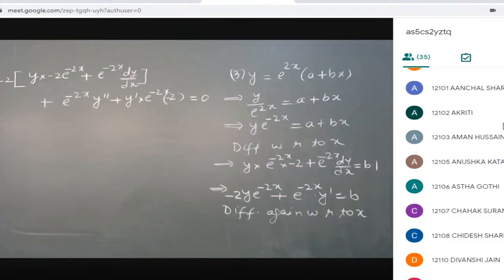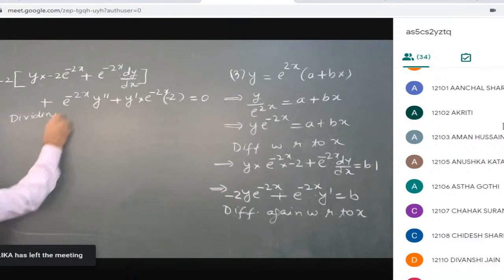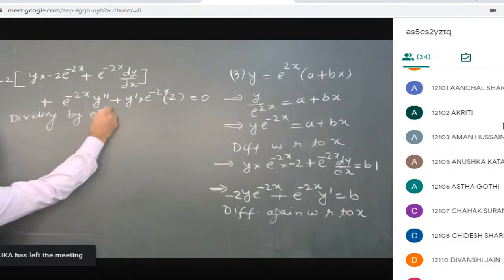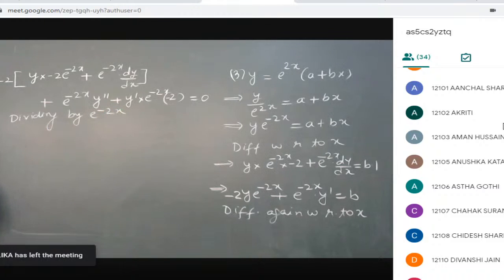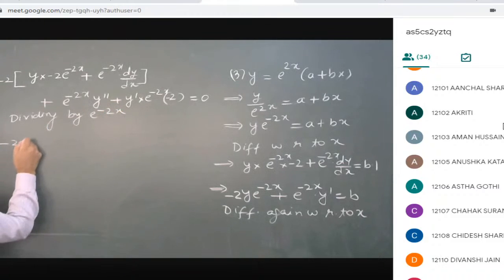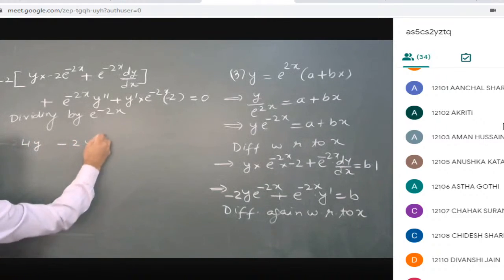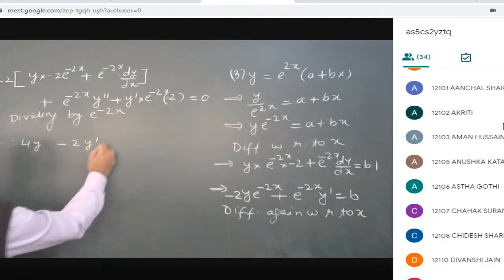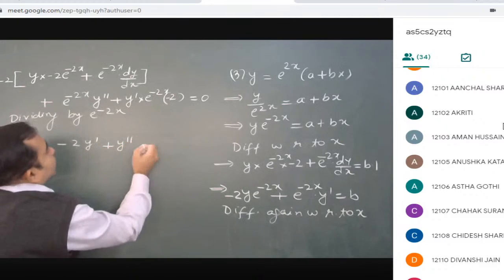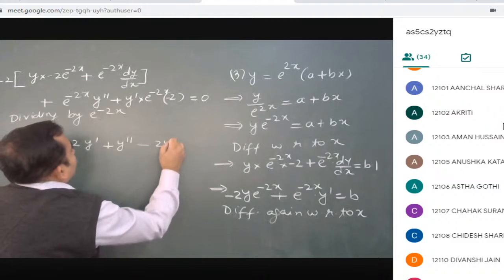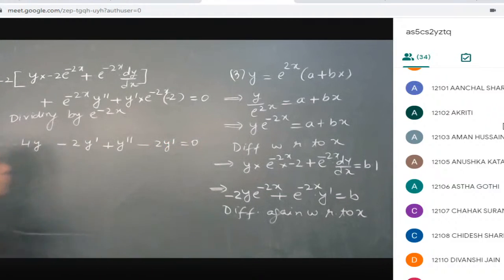Now e to power minus 2x common and deleted throughout, dividing by e raised to power minus 2x. So if I divide, this will become minus into minus 2, 4y minus 2y dash plus y double dash minus 2y dash equals to 0.